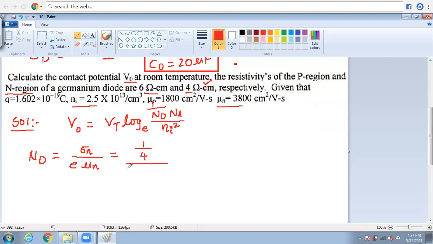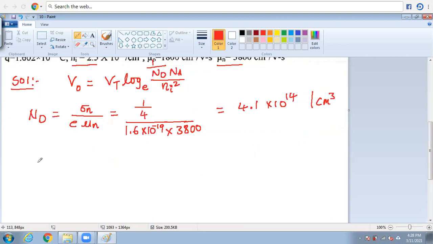You know the E value already, that is 1.6 into 10 to the power of minus 19. Mu n value equals 3800, which is already given. Doing the mathematical part, the donor concentration is 4.1 into 10 to the power of 14 per centimeter cube. Then I will directly calculate the Na value.